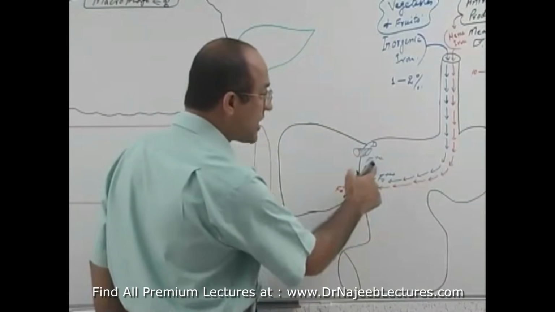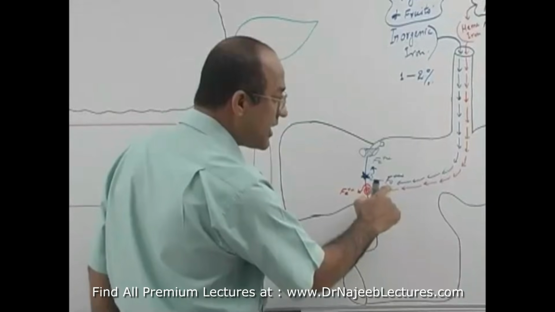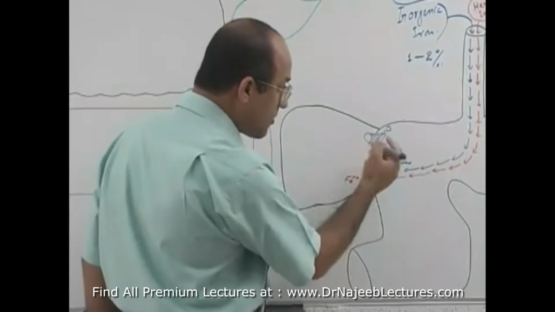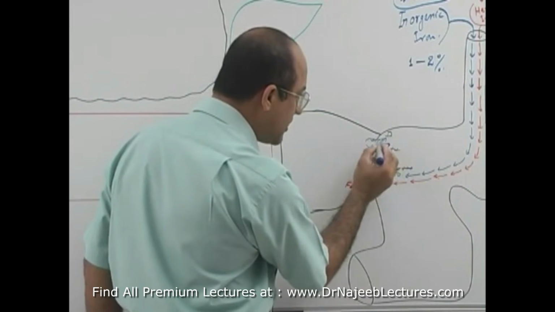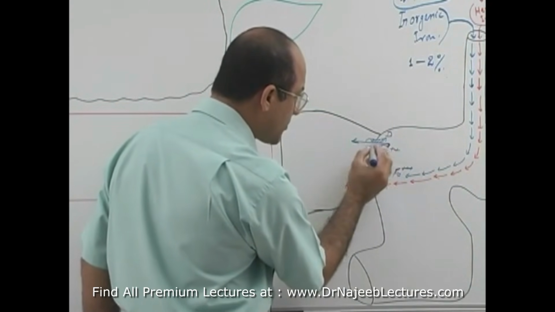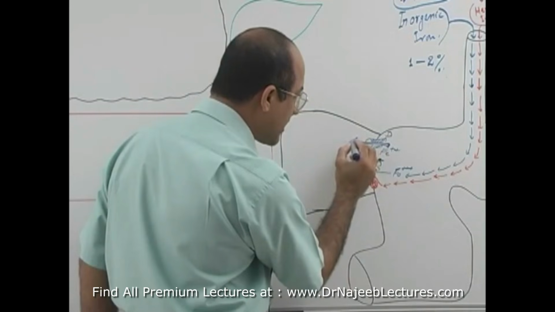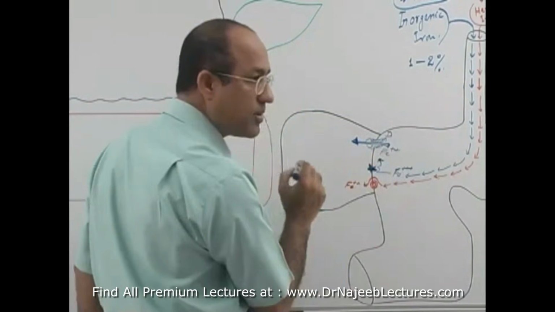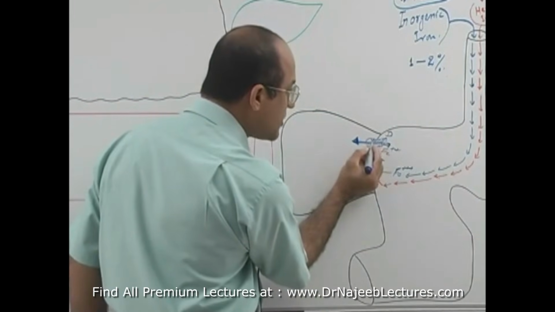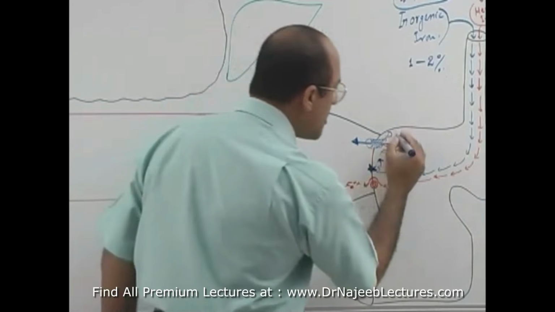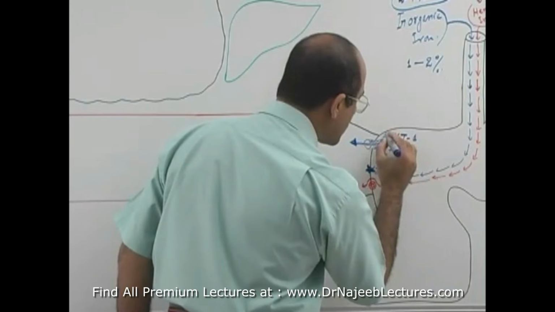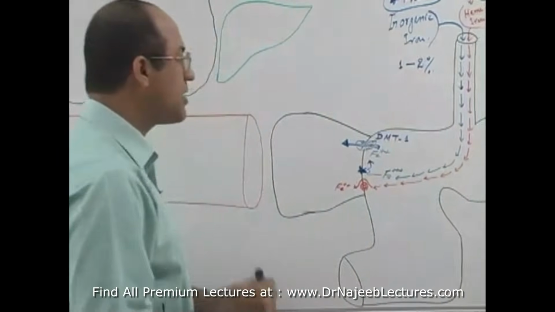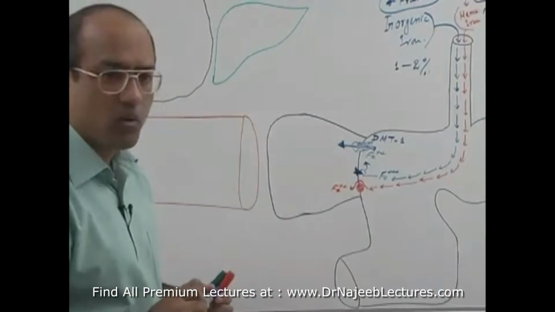Is that right? Ferrous is divalent and ferric is trivalent. Through this channel, divalent ferrous can be absorbed, but trivalent ferric cannot be absorbed. So these are called divalent metal transporter 1. What is this channel called? Divalent metal transporter 1.